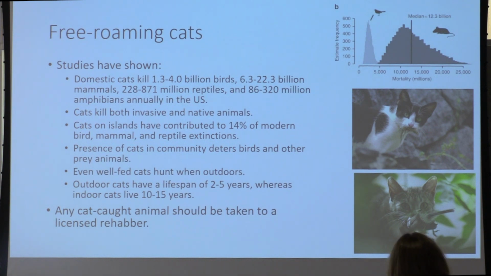And then the estimates for reptiles and amphibians are even harder to quantify because reptiles and amphibians are hard to have population numbers on. This is just not an area that's been studied very well, the interaction between amphibians and reptiles and cats. We do know that they are predated upon by cats, and they probably have some pretty heavy effects from that. I can't remember who I was talking to, but it was a university that used to have a lot of snakes and amphibians that would be studied by the ecological department.